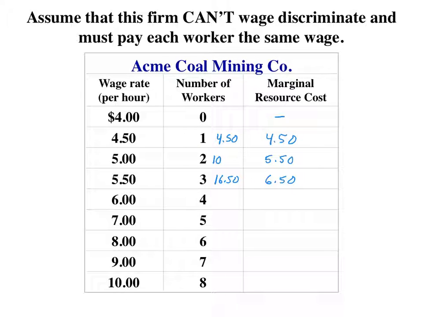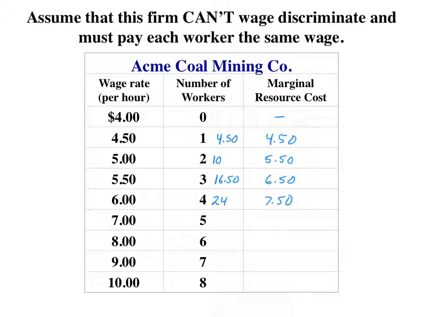If they hire 4 workers, that's going to cost $6 an hour, all right? And they have to keep raising the wage for everybody, all 4 workers, if they're going to hire 4 workers. So the total cost is $24, and the marginal resource cost is $7.50.